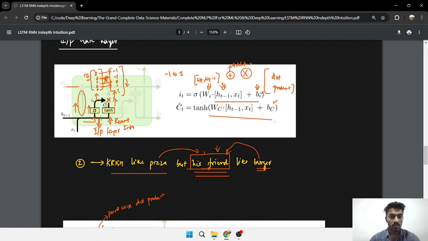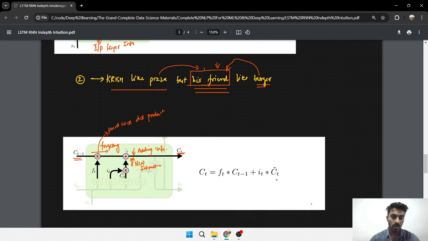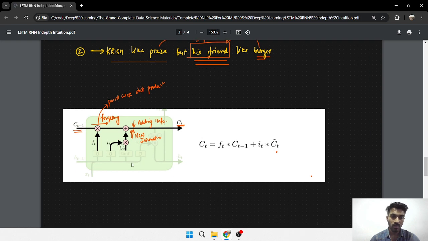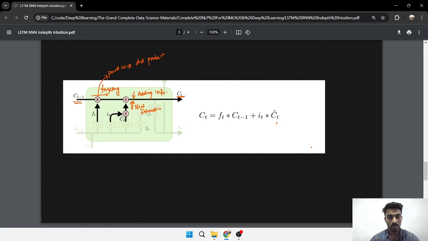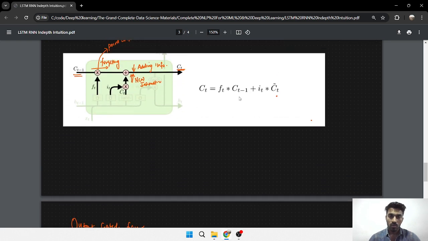We apply a cross function (pointwise multiplication) on these two and get some new vector, which is like adding information. This new information will be passed here and added to our previous information.